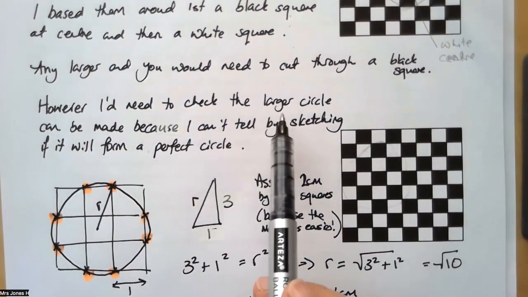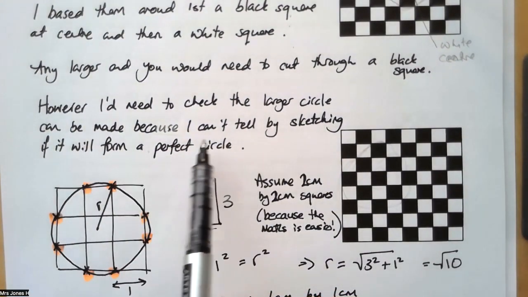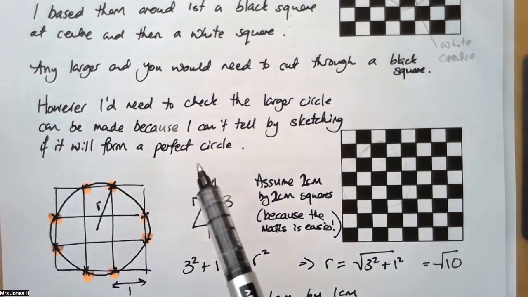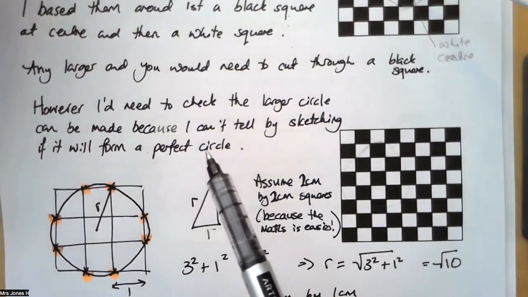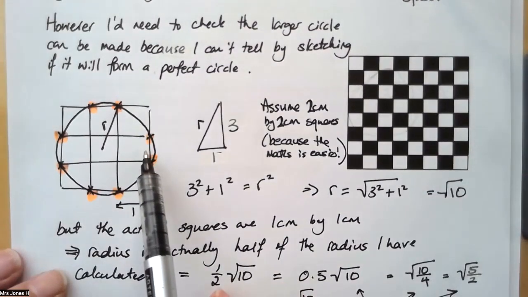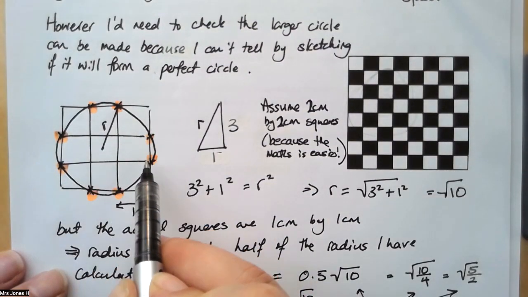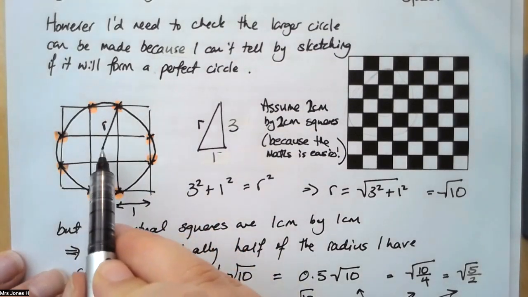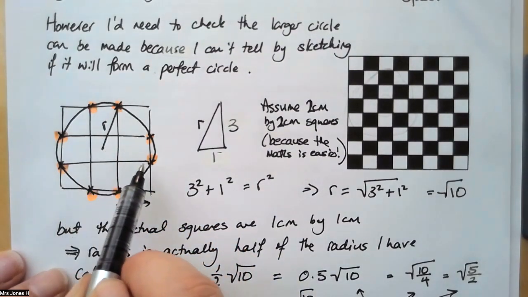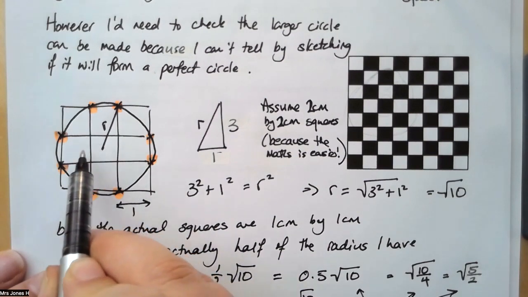I'm going to check the larger circle because I can't tell by sketching that it will form a perfect circle. By drawing it out like this, I can see that each of these lines that cross the vertices will all be R. They'll all be the radius of that circle.